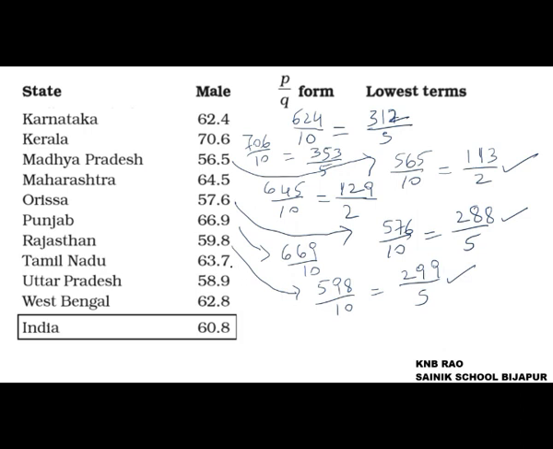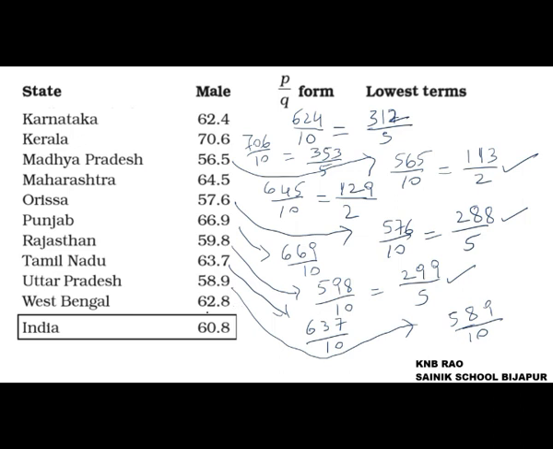So Tamil Nadu's 637 by 10. It's already in lowest terms. Next, coming to the Uttar Pradesh, 589 upon 10. It's already in lowest terms.